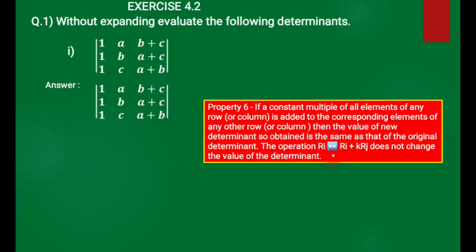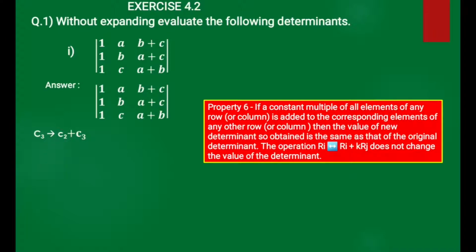So the operation Ri changes to Ri plus k times Rj does not change the value of the determinant. So here in place of k, we suppose we multiply the third column by 1 and add it to the second column. So we write here C3 changes to C2 plus C3. So we add the corresponding elements of column C2 with the corresponding elements of column C3.